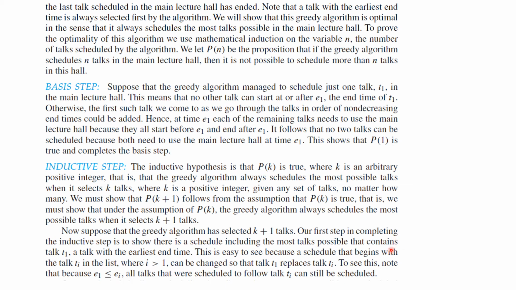It is easy to see because a schedule that begins with the talk T sub i in the list, where i is greater than 1, can be changed by replacing T sub i with the talk T1. To see this, note that because E1 is less than or equal to E sub i, all talks that were scheduled to follow talk T sub i can still be scheduled. Again, think through this, make this your own.